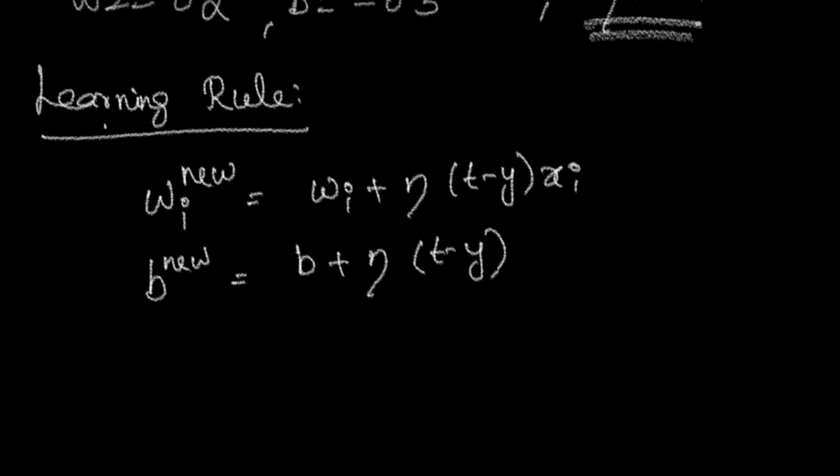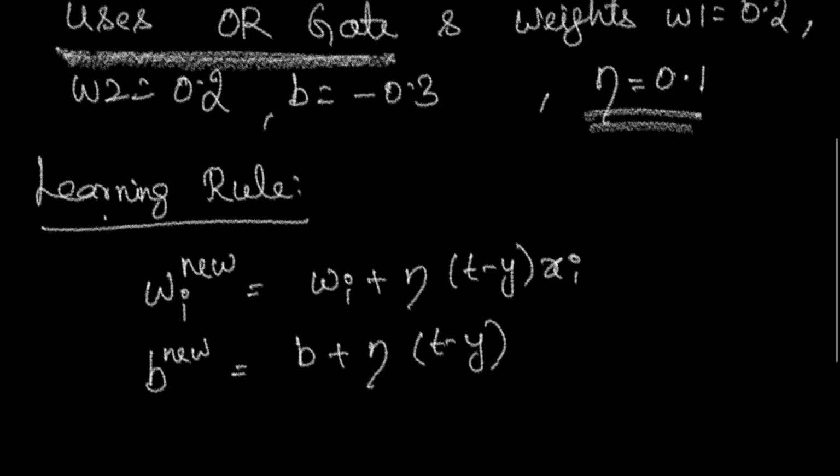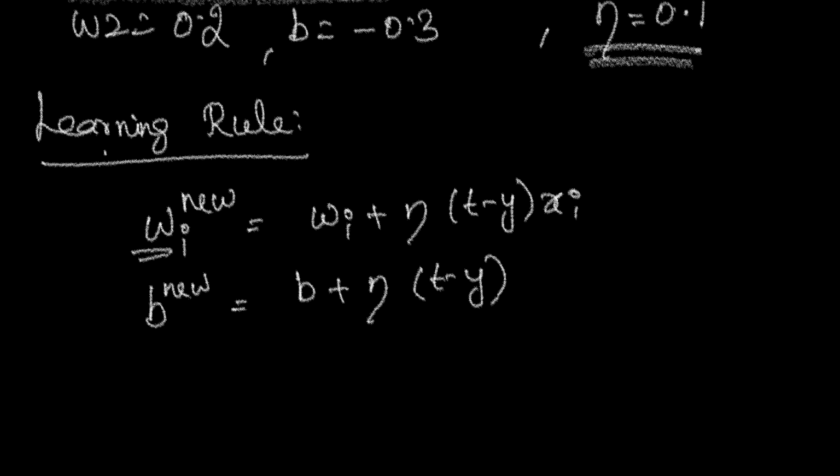And to calculate the new bias value, it is the old bias value plus the learning rate times (t minus y). We apply this learning rule when our activation function gives a false result when we compute it, then the weights should be adjusted. So in that case, we have to find the new weights and new bias.